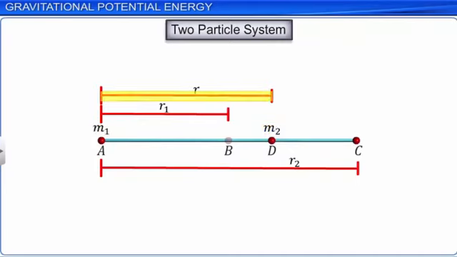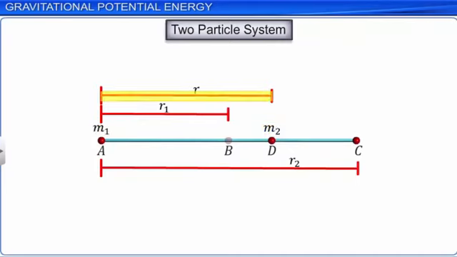If the particle is moved through an infinitesimally small distance, dr, as shown, the work done by the gravitational force on the second particle is denoted by minus F dr. On substituting F in this expression, you get minus G m1 m2 divided by r square into dr. Let this be equation 2.